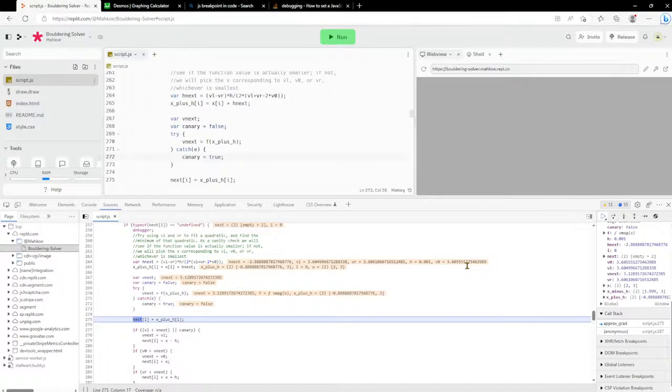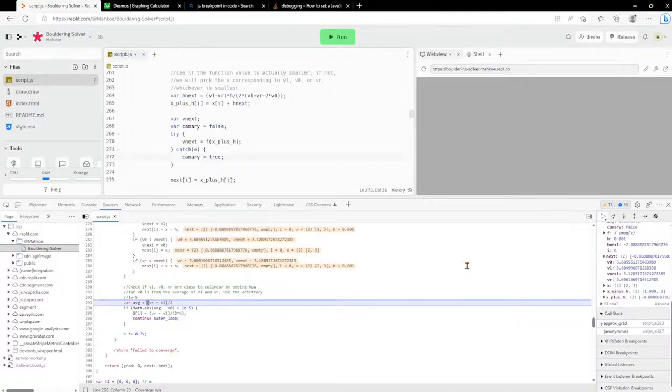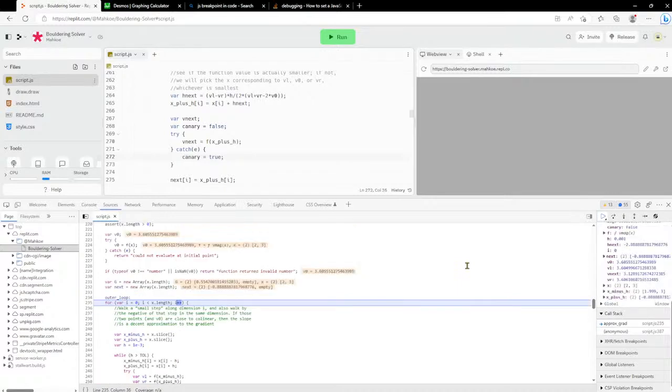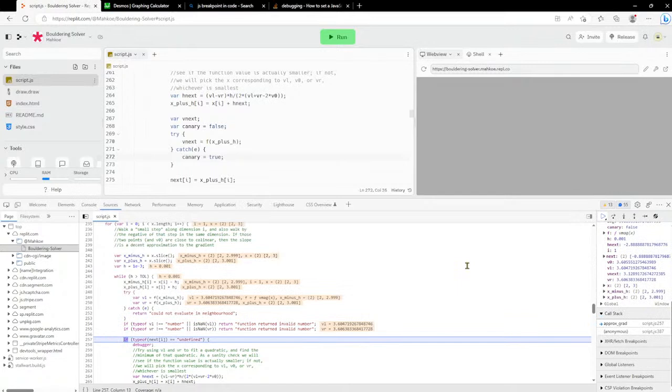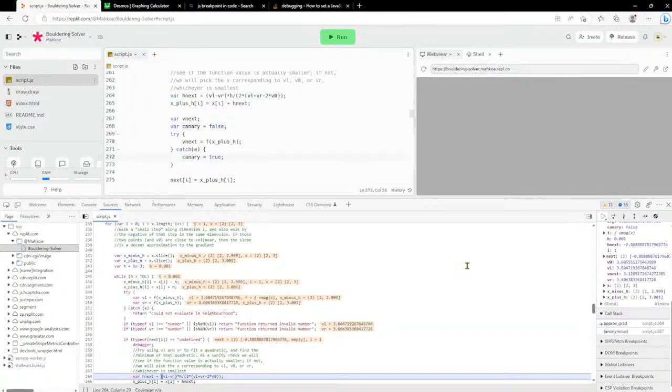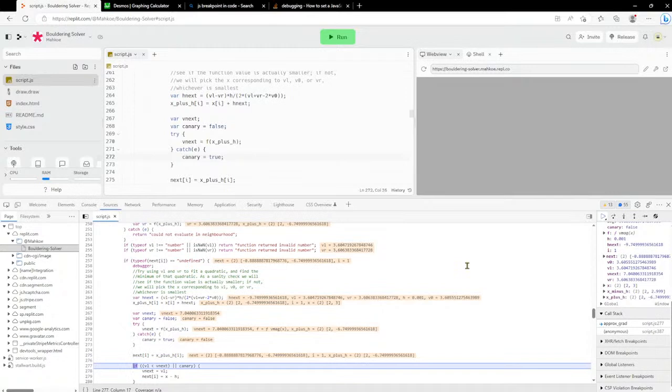So next to I. So V0, VL, Vnext. Oh my god, why is Vnext so big? What? Why was Hnext so big?